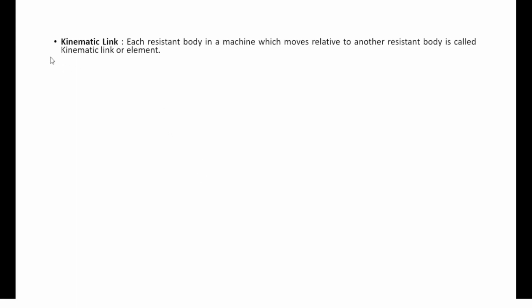Now we will see what exactly a kinematic link is. It is a resistant body in a machine which moves relative to another resistant body, which is nothing but a kinematic link or element, right? While daily commuting, you may have encountered this example. This is a wiper on a windshield.